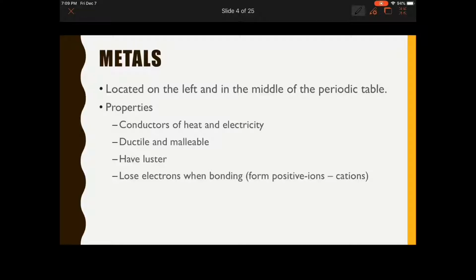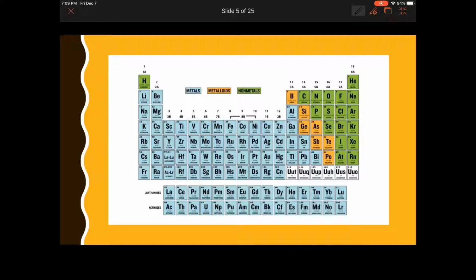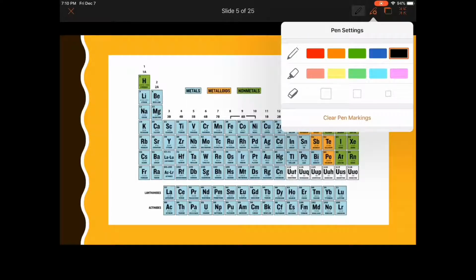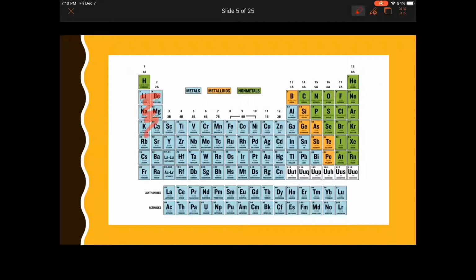If you remember from our isotopes and ions lesson, we call these cations. To show you where the metals are located on the periodic table, it's everything in blue here. So it's going to be all of the blue stuff on this table.